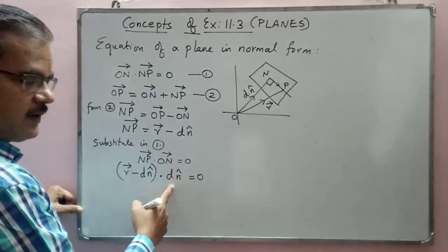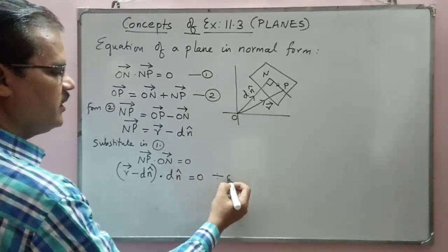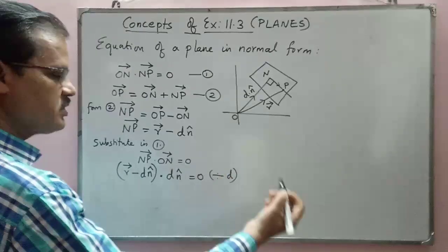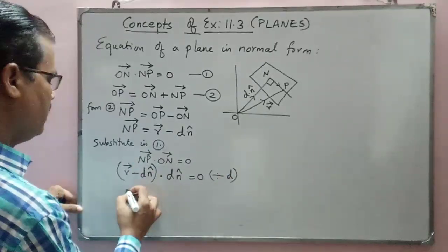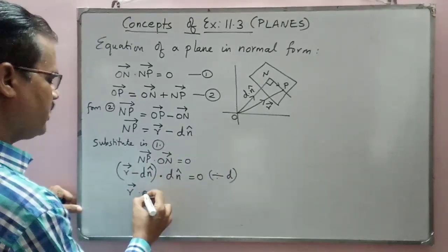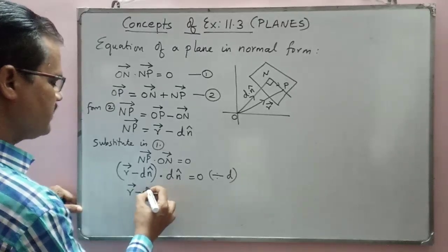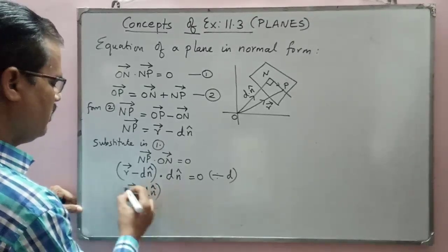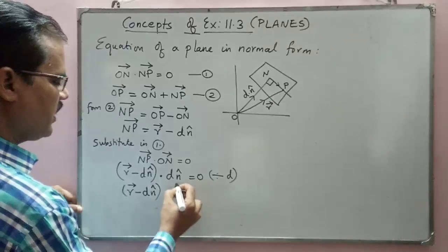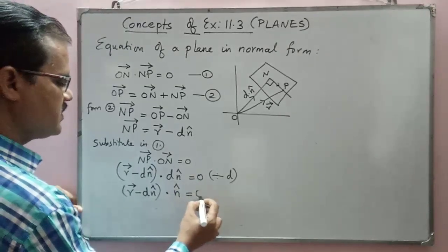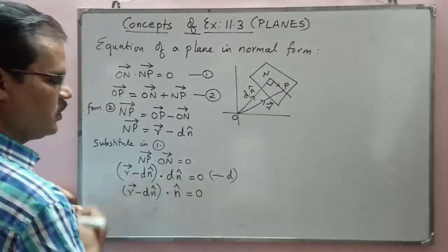d is just a scalar, so I am going to divide this by d to get the equation of the normal form. So I get R vector minus d n cap, dot n cap, equals 0. Okay.